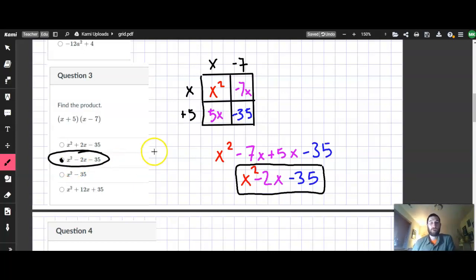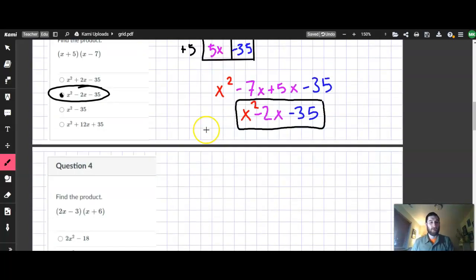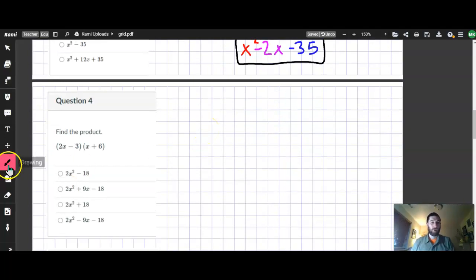So let's do the same thing with question 4, but rather than using the box method as a graphic organizer, let's just multiply with distribution. And so, on question 4, we have our 2x minus 3 and x plus 6.